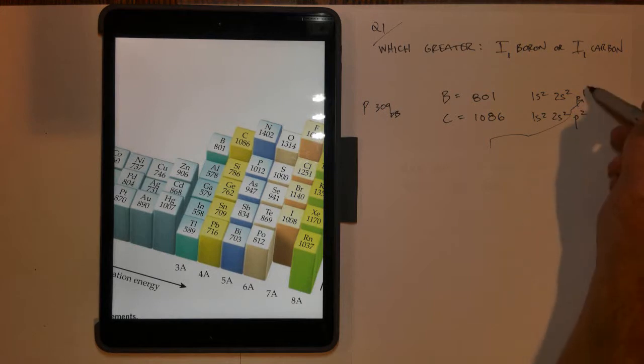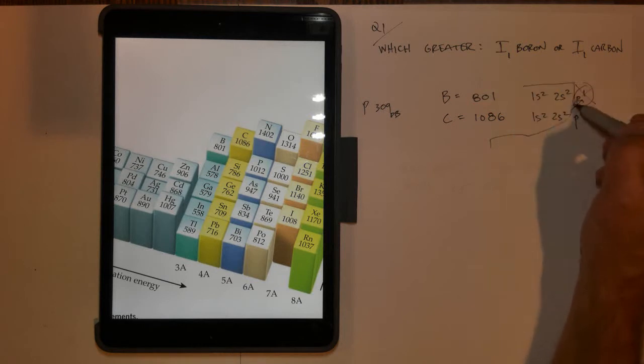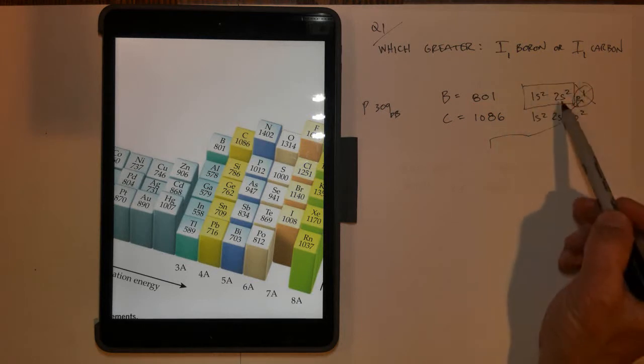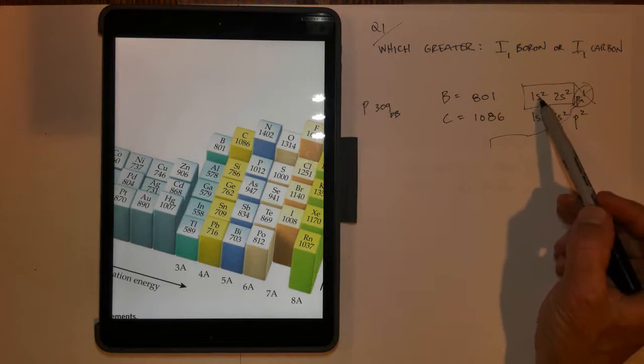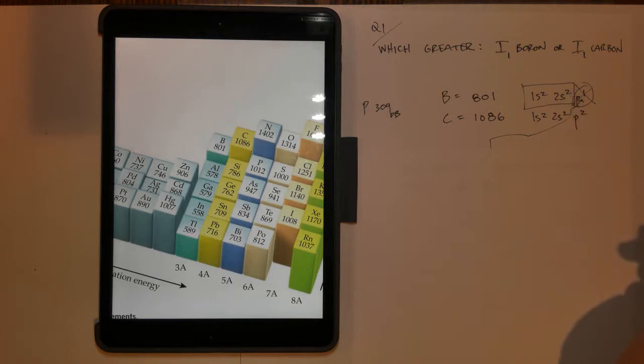So if we take this electron away, which would be the one that's removed in the first ionization energy, we now have a pretty stable electron configuration left. 1s2, and then the 2s sublevel completely filled. A fairly stable configuration.